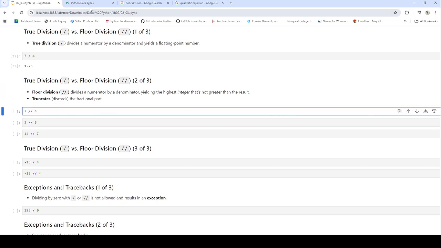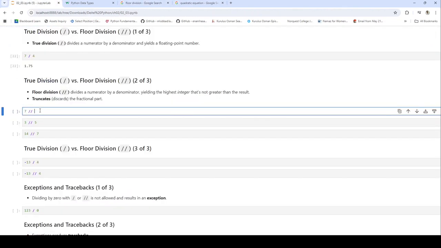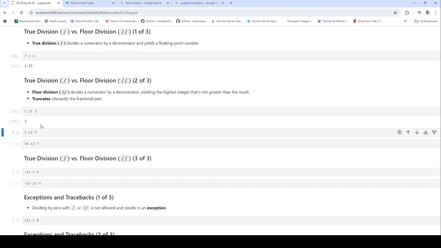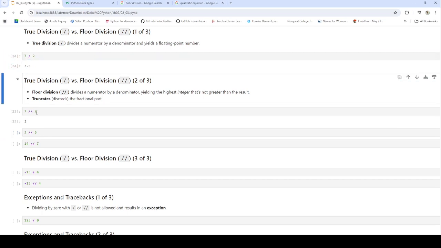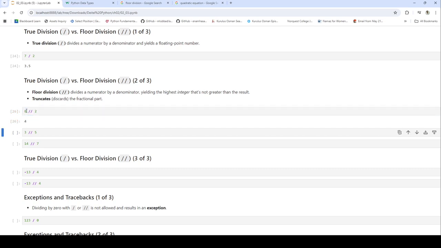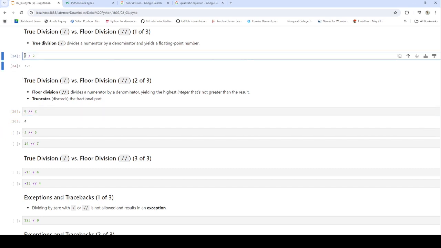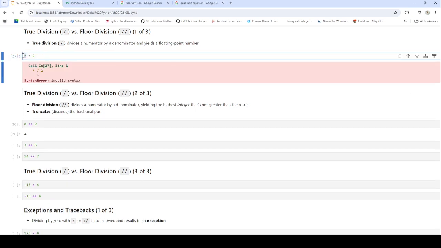For example, if we do the same 7 divided by 2 here, we're going to get 3.5. But if I do it in the floor division, I'm going to get 3. But if it is 8, then it should be 4. In fact, both in this case will give me the same result.